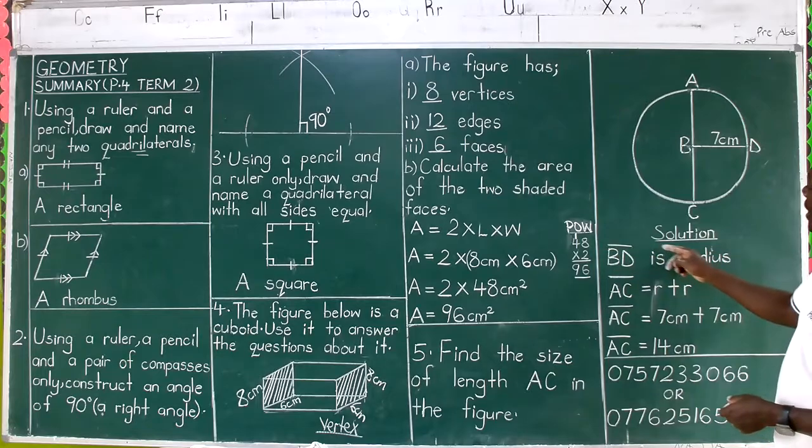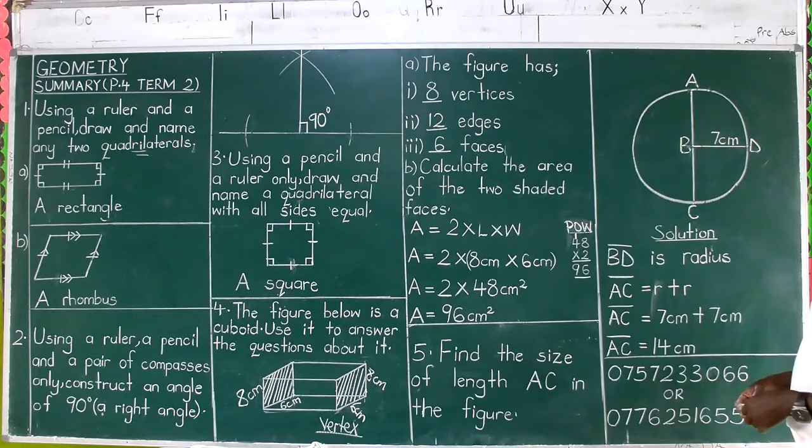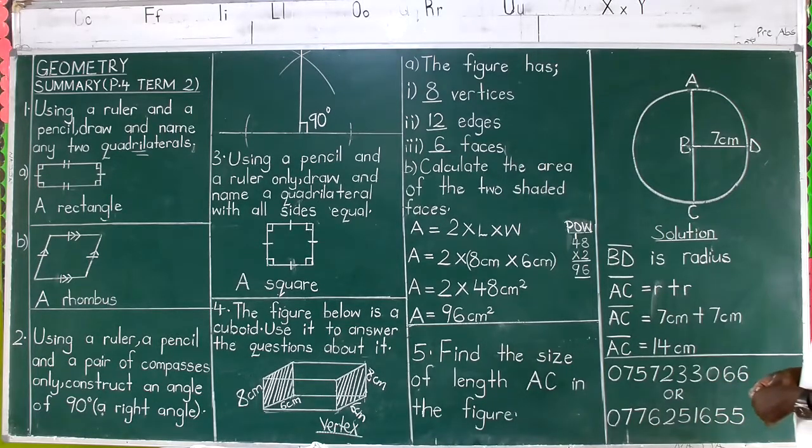So you say line BD is a radius, and line AC is diameter, where we have got 2 radii. When connected together, we get what is called diameter. So AC equals radius plus radius.